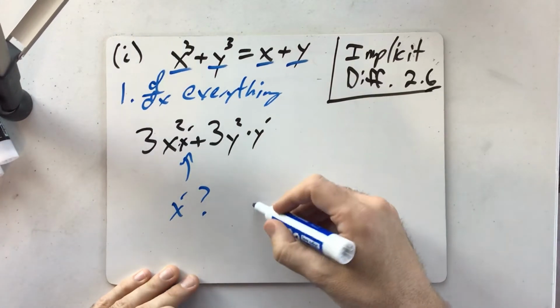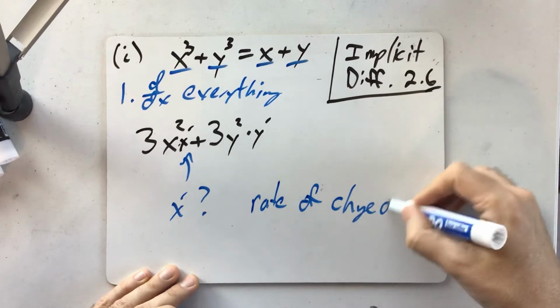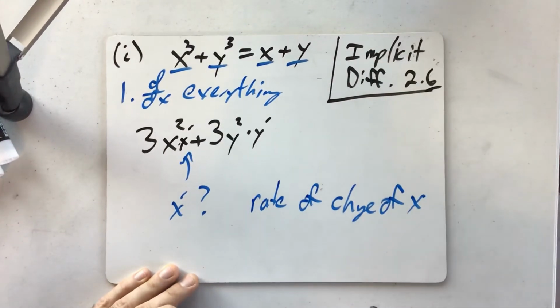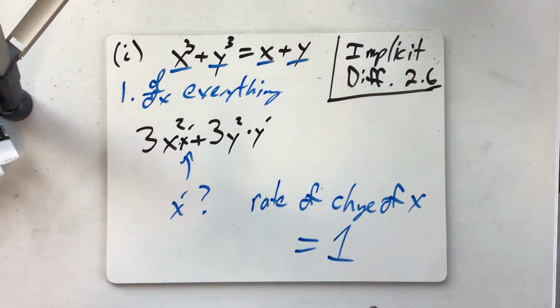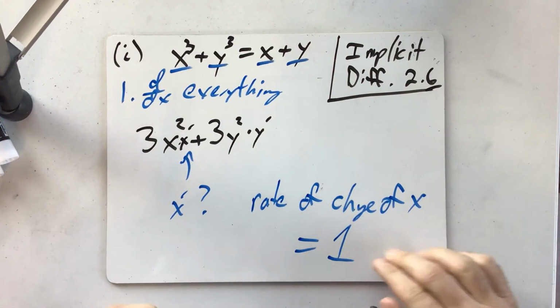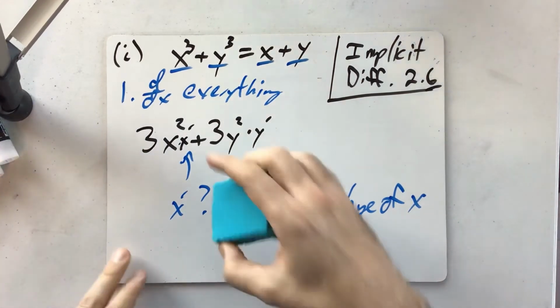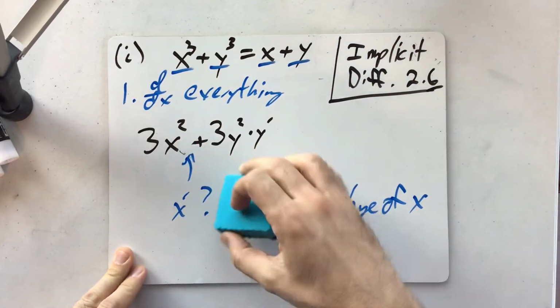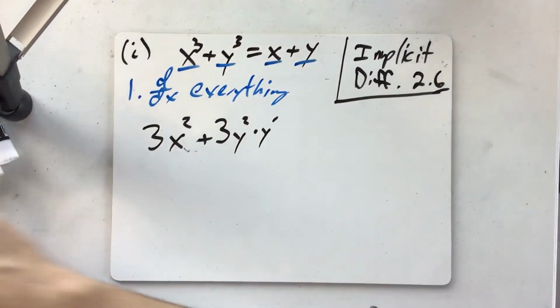It's the rate of change of x, and the rate of change of x is 1. x is just a line with a constant slope of 1, so x prime would always be 1. So we never write it down.